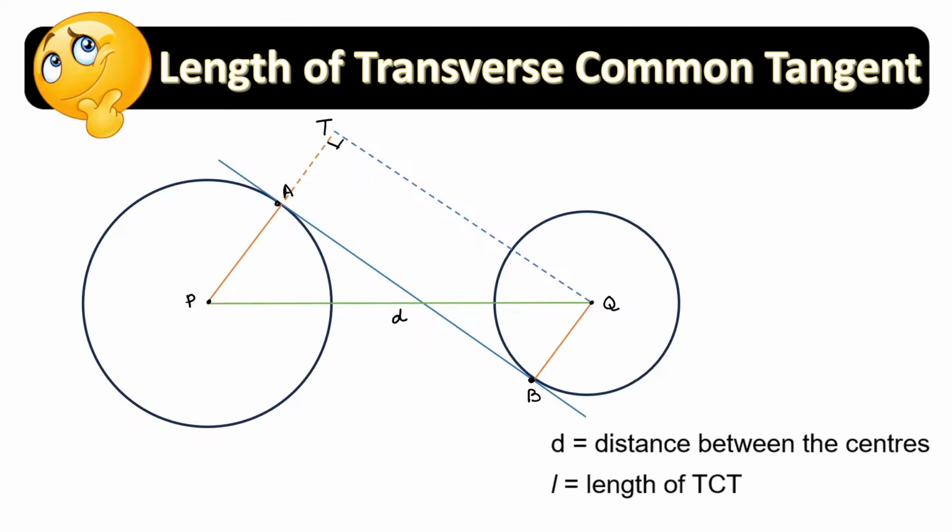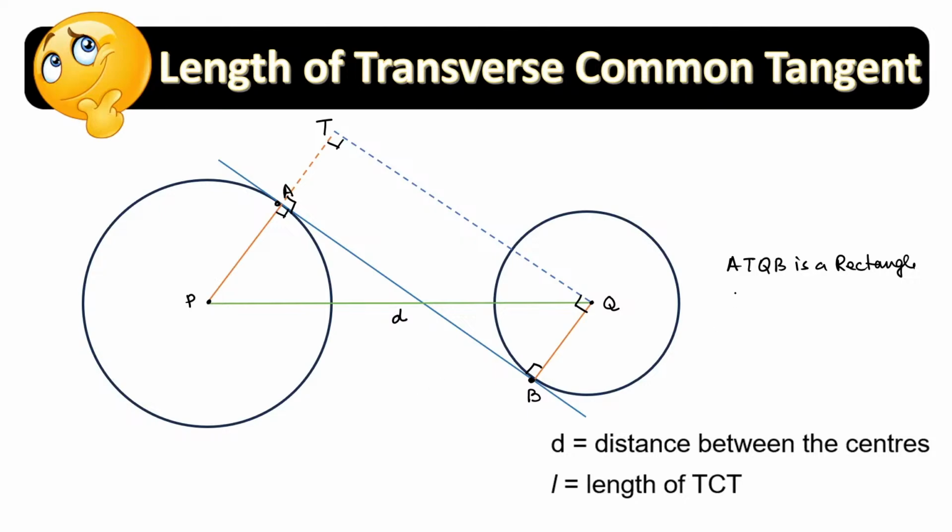Is it clear? Now again from this diagram we can easily see that ATQB is a rectangle. Am I correct? Why is it a rectangle? Because this angle is 90, this is 90, this angle is 90. So eventually this angle is also 90. So it is a rectangle.